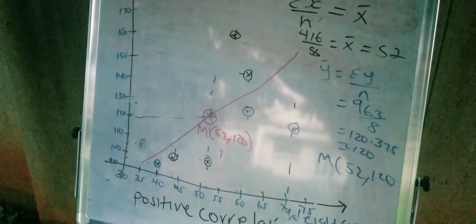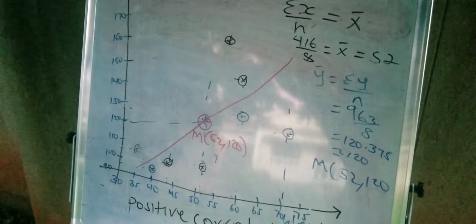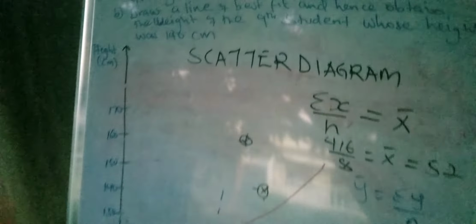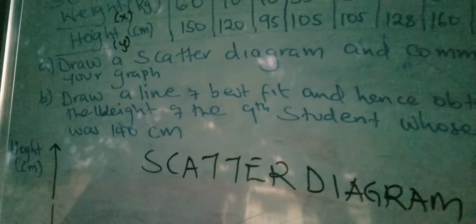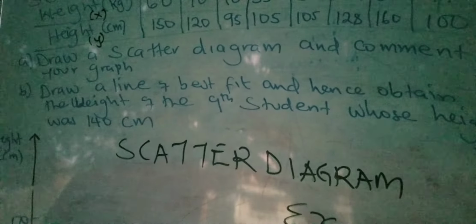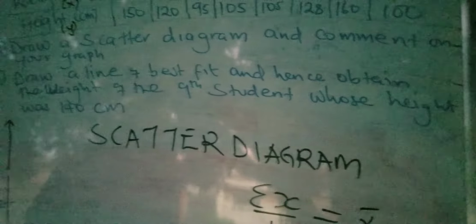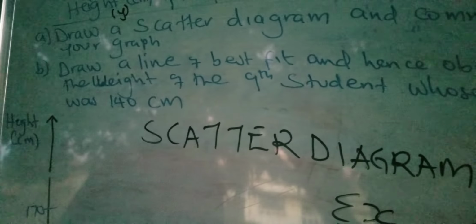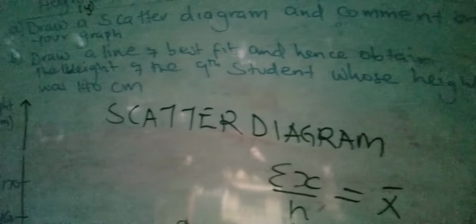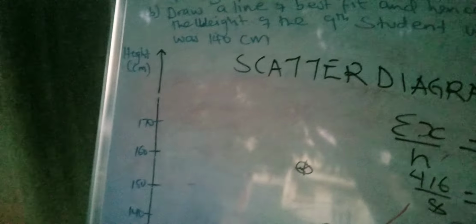And then after drawing your line of best fit, you are told to draw a line of best fit and hence obtain the weight of the 9th student whose height was 140 centimeters. So like we did in our statistics, to determine the weight, I'm going to come and calibrate.